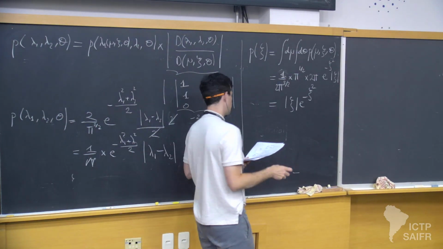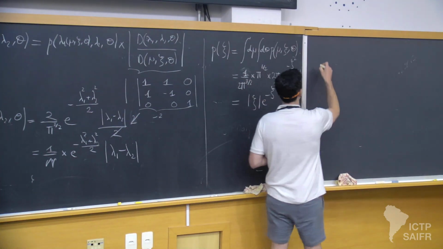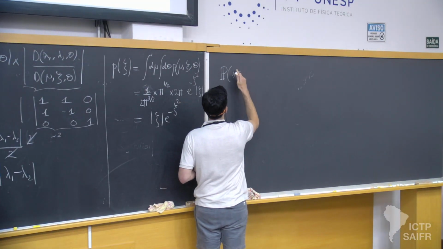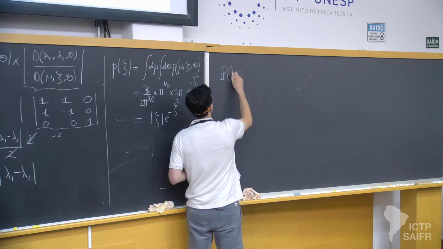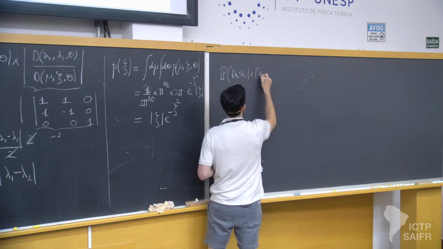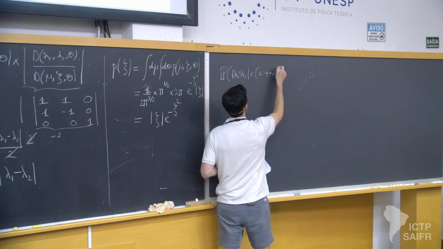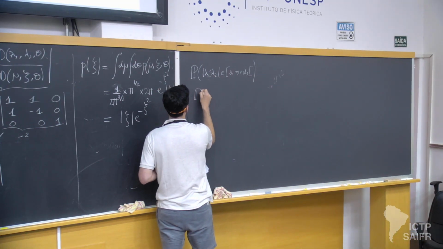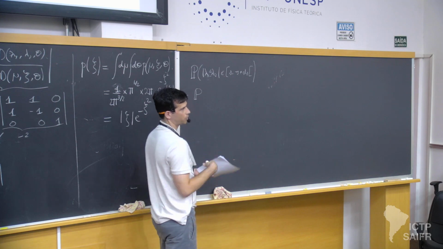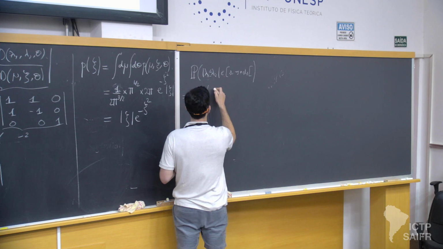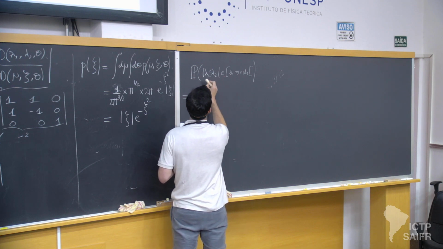And now to get the spacing distribution, I can simply write the probability that the spacing S is in a small interval S plus ds. This is equal to the probability that either lambda 1 is larger, in which case you have 2 psi.